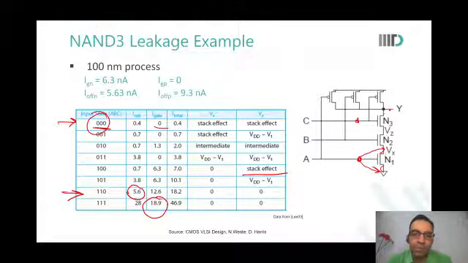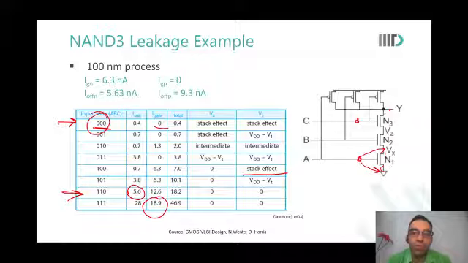In the case of 011, my Vx and Vz are both at VDD minus VT. Even for the devices where the gate is at 1, the differential across the gate is just VT, so there is no tunneling that will happen. But when the differential across the gate is full VDD, that is when tunneling happens.